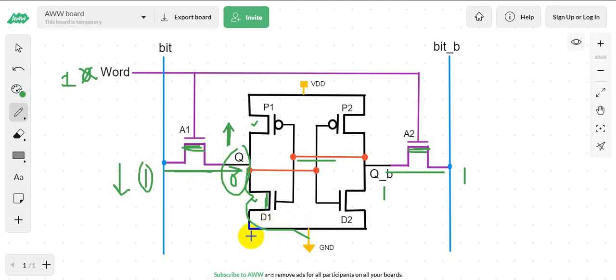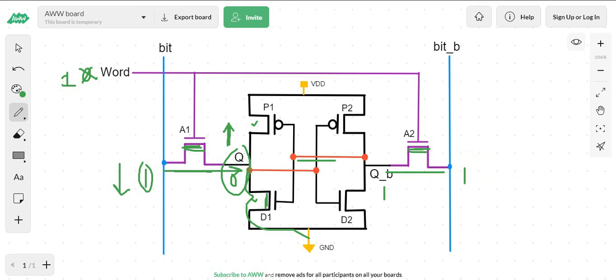That's called the read stability criteria, and we will further discuss the topic in the next videos. On the other side, at the Q bar and bit bar, as there is no voltage difference, no current will flow from the bit bar to Q bar or from Q bar to the bit bar, and the bit bar and Q bar will remain high.